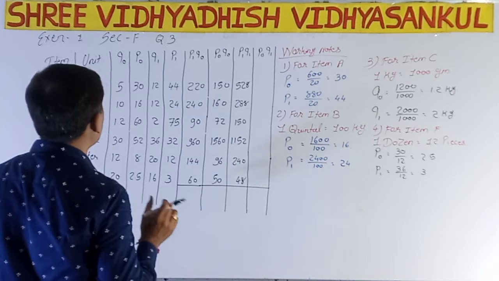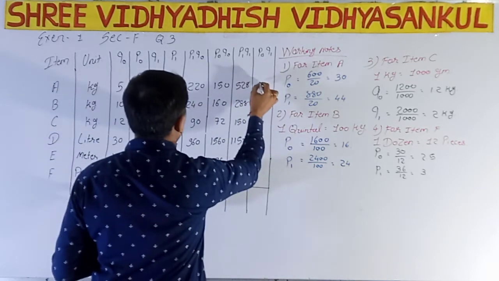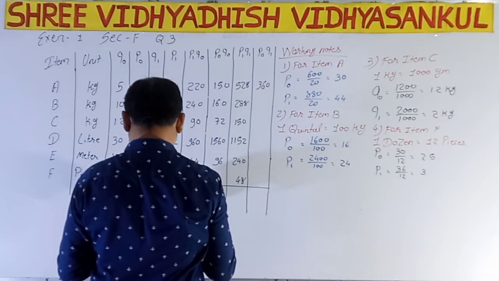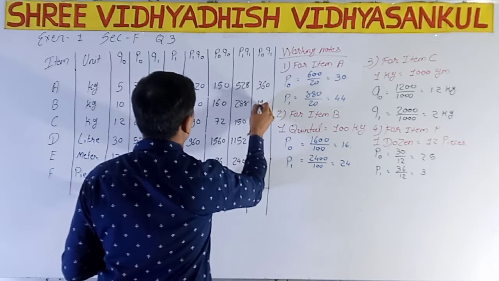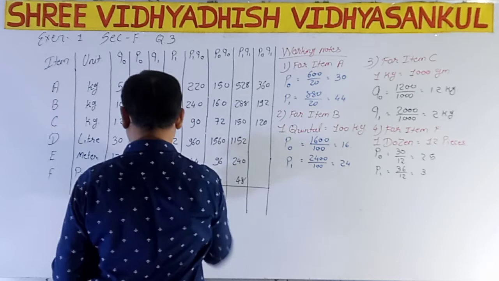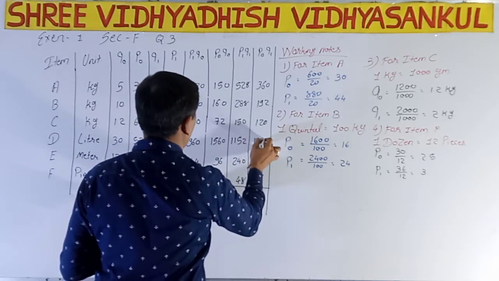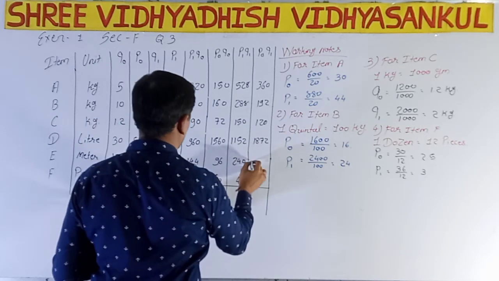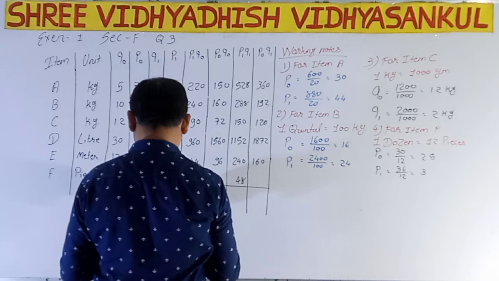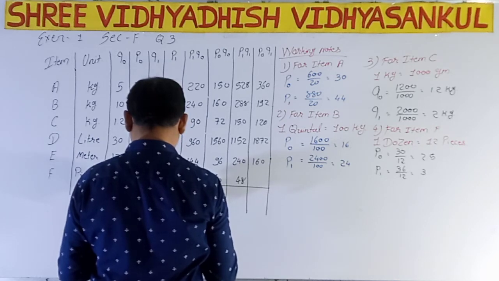Now P0 Q1, these two: 360, 192, 120, 1872, 160 and 40.